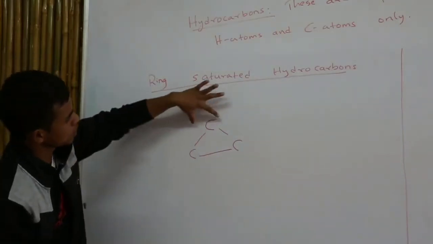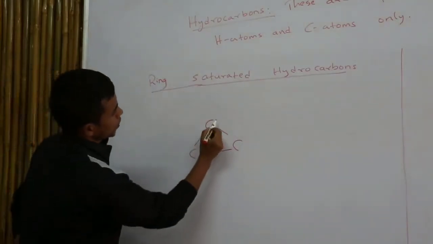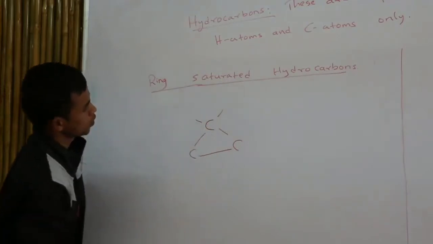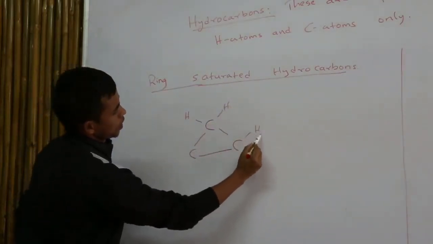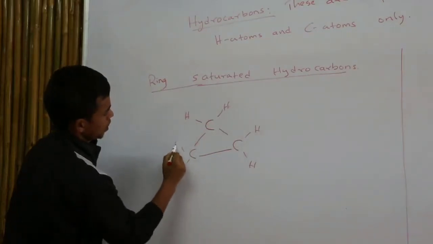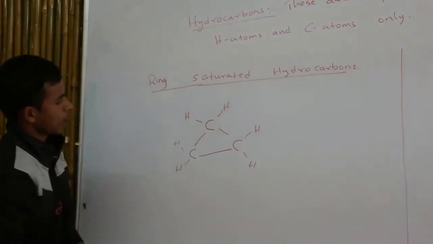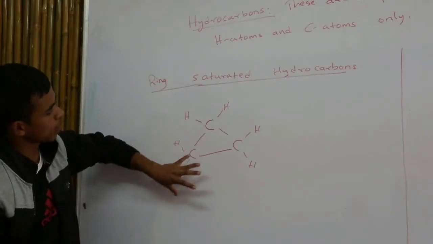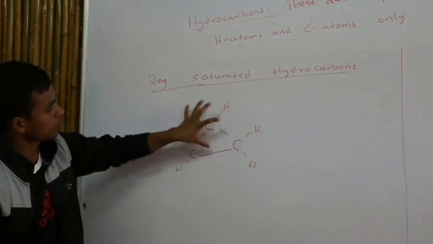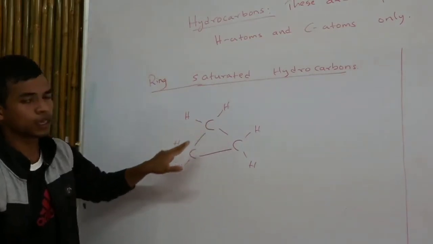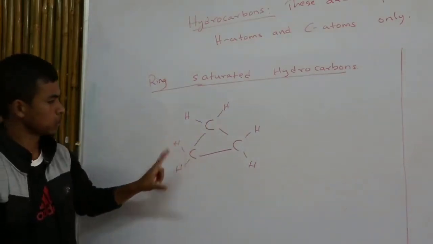To satisfy the other valencies, because carbon has valency 4, we use hydrogen atoms. We can also have a case with 4 or 5 carbons, and these types of hydrocarbons are called ring saturated hydrocarbons.